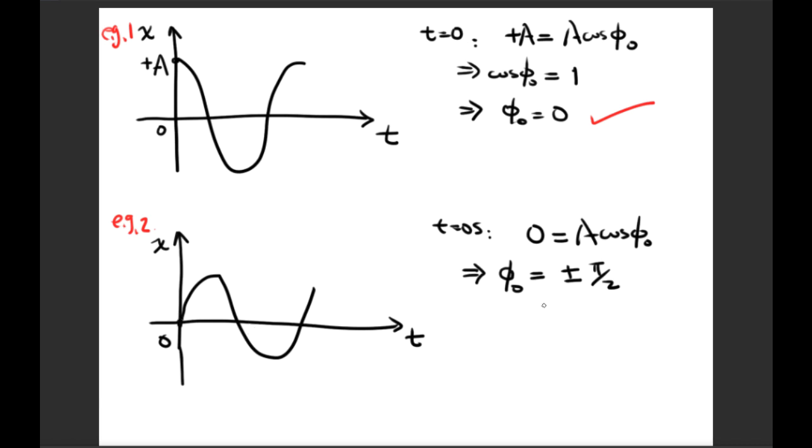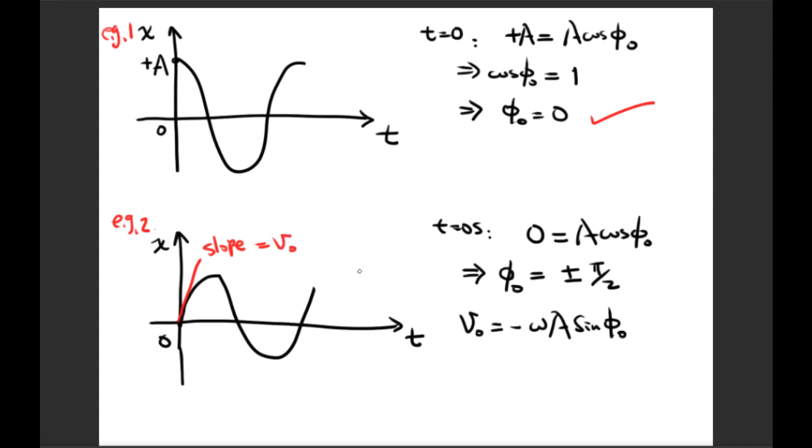How to determine whether it's positive pi over 2 or negative pi over 2? We have to look at the velocity. The initial velocity is negative omega A sine phi naught, which we just discussed. If I look at the x-t diagram, we know the slope of such a diagram is the velocity.